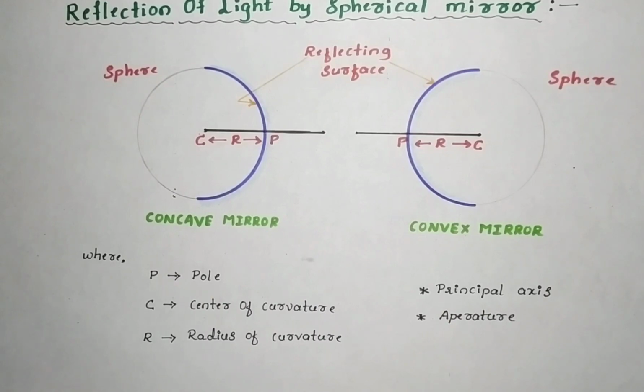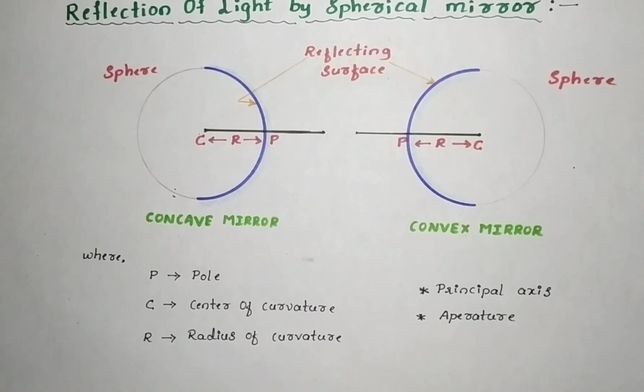Similarly, the distance between the person and the image are always equal. The size and the distances in plane mirrors are always the same. And whatever image is formed on the plane mirror is always a virtual image. Virtual means not real. It is apparent.